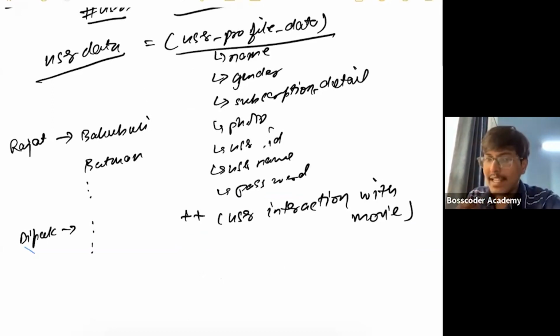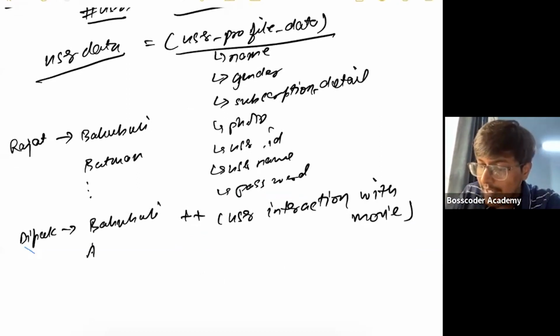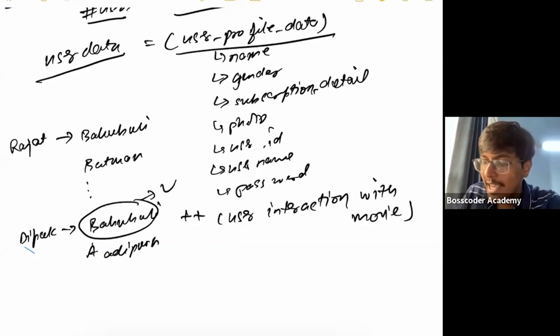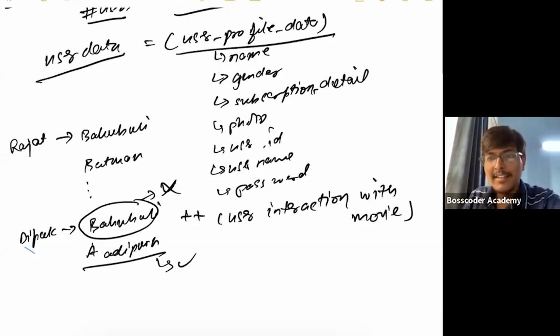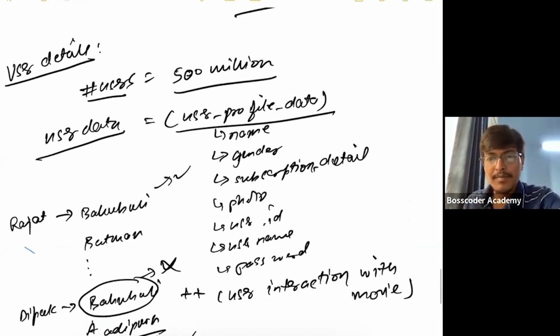When they are interacting with movies, there are different outcomes for every person. For example, Deepak might not like Bahubali and like Adi Purush a lot, whereas Rajat finds Bahubali to be great. This can happen. Hence, both of these interactions are different and you have to store them separately. Does this make sense? A quick yes, and then let's talk about calculating user data.